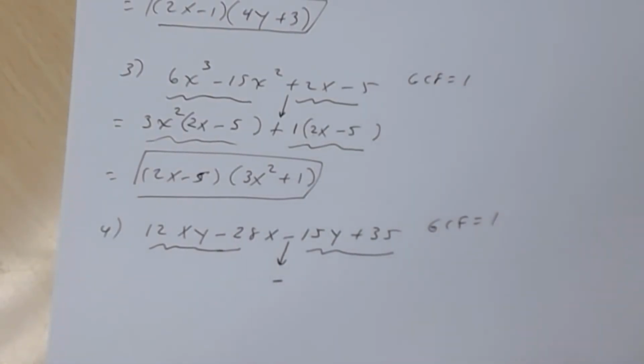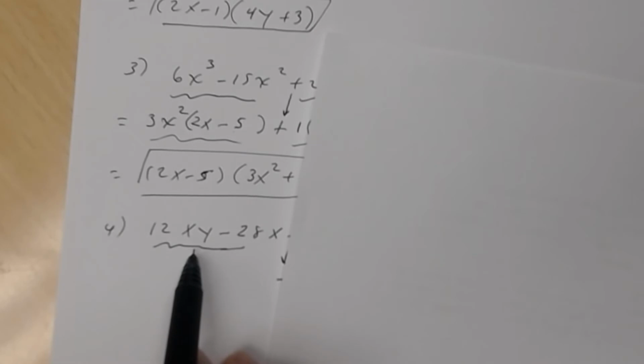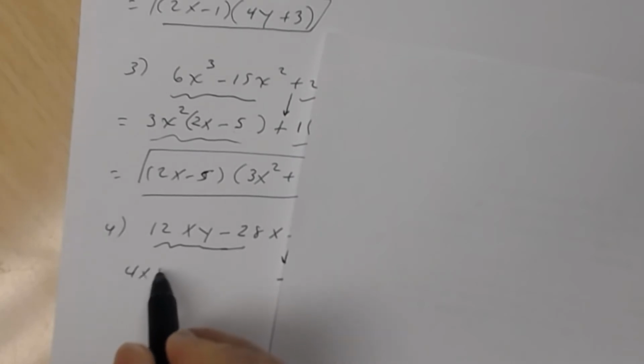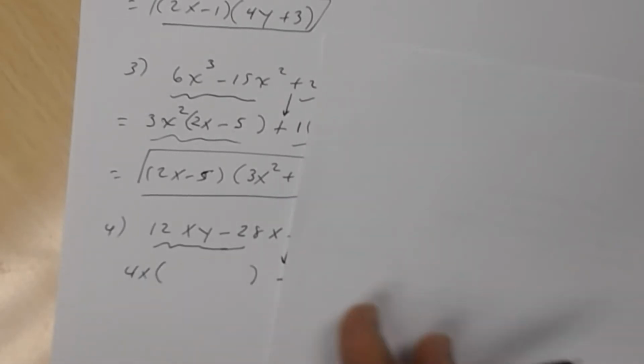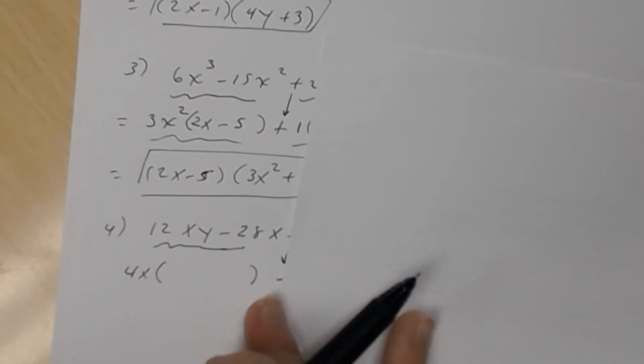Okay, when I group the first two, again, you have to look for the GCF of that group right here. So the GCF here is 4x. That's your GCF, 4x. So I'm going to factor out the 4x. Always factor out the GCF. When I factor out the 4x, remember you have to use the greatest, because if you don't, then the parentheses you're going to end up with won't have the same factor.